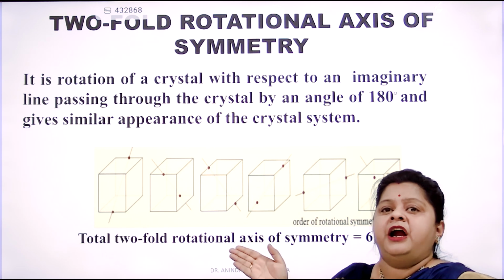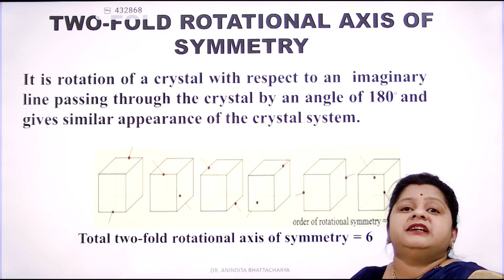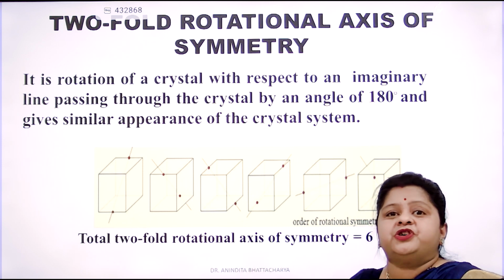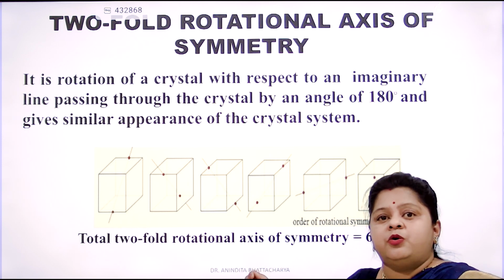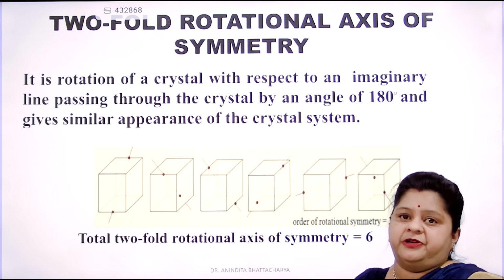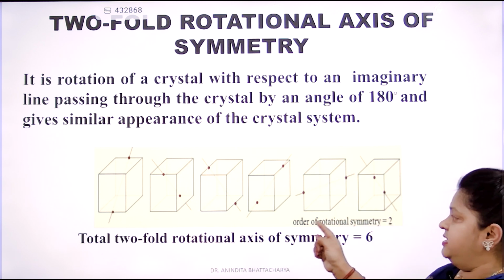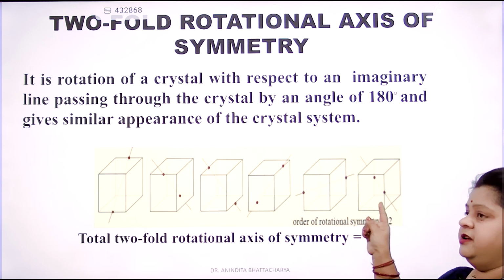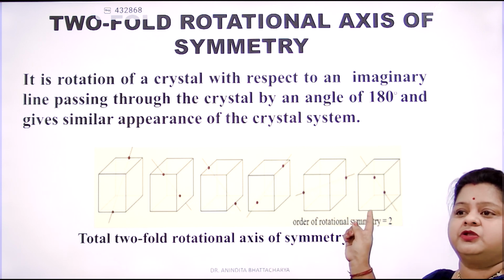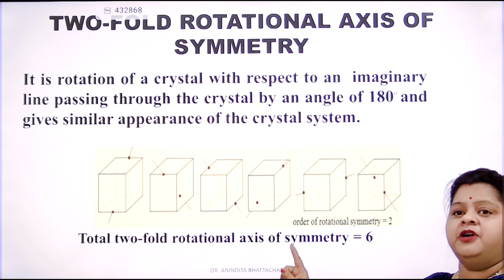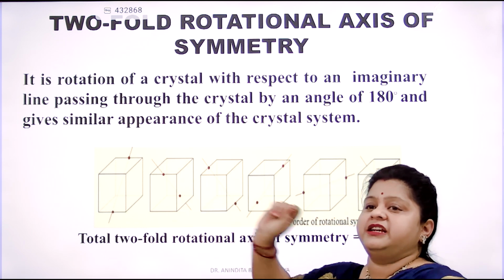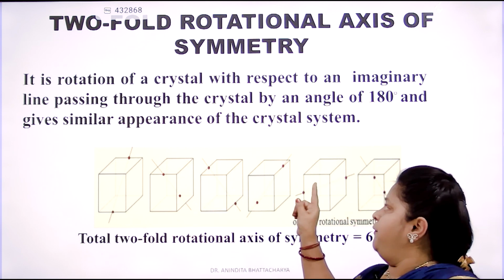If it is the front of the upper portion, it is the back of the rear portion of the same crystal. So, it is going diagonally from top to bottom. Now, you can see there are these many types of axes. So, the total number of two-fold rotational axes is 6 because we have 6 figures in it. 1, 2, 3, 4, 5 and 6.